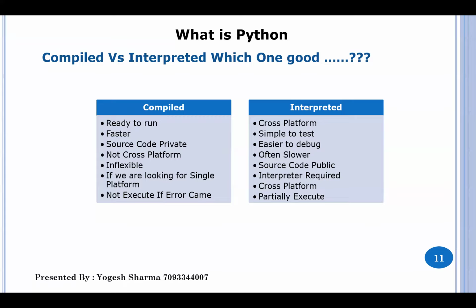We need different executable file for the Windows machine and different executable file for the Mac machine. So when you are using the compiler based approach, we need to write the same program two times. एक बार विंडो के लिए और एक बार मैक के लिए.